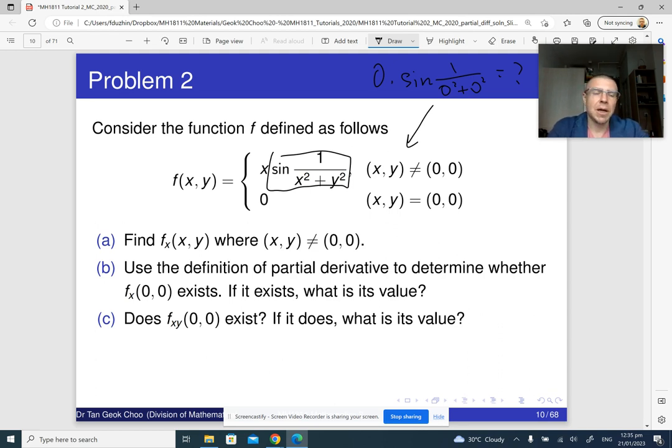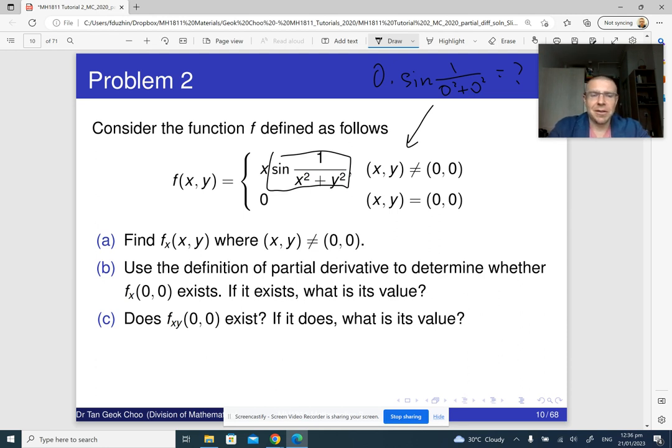All right, and here we have three parts in the problem. In the first part, we need to differentiate it just by the differentiation rules. So we need to find its partial derivative with respect to x when (x, y) is not (0, 0), which means we've got to just use the formula.